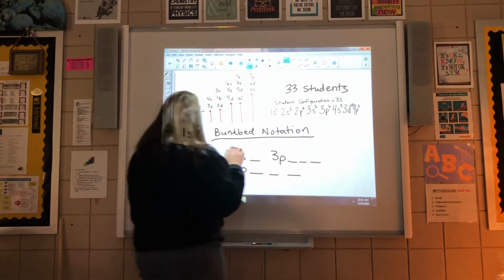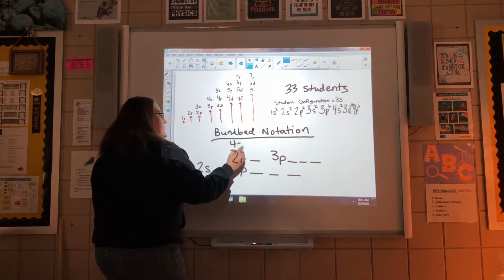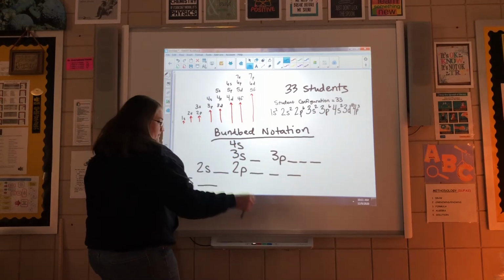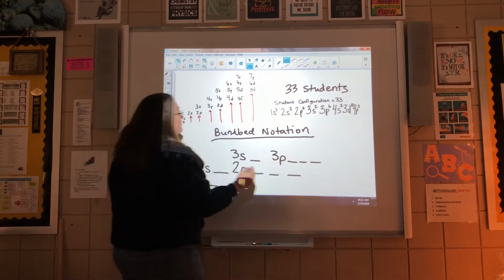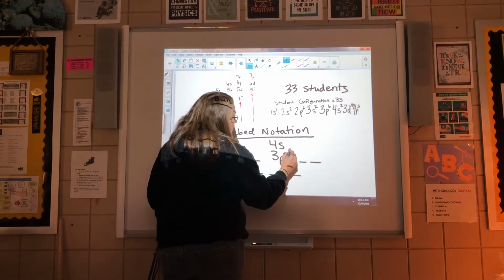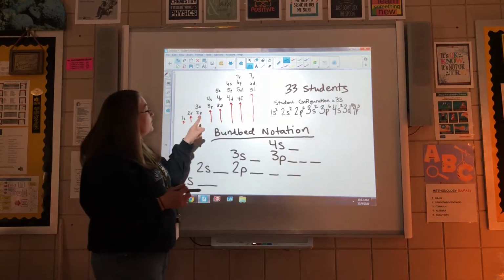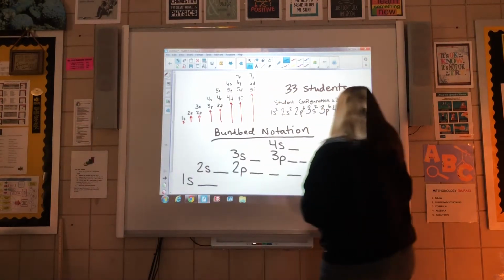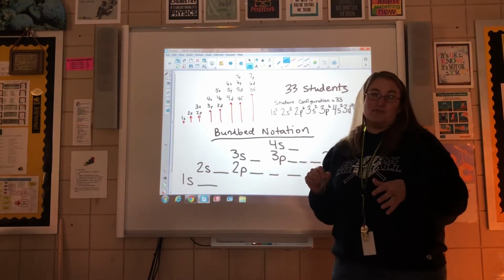I'm gonna run out of room, aren't I? And then I'm gonna go to 4S, and, hold on. It's got a bunk bed. And then I'm gonna go to 3D. How many bunk beds does 3D, the dungeon room, have?